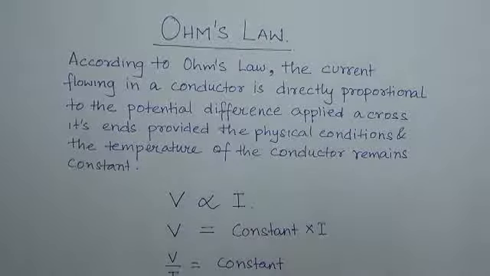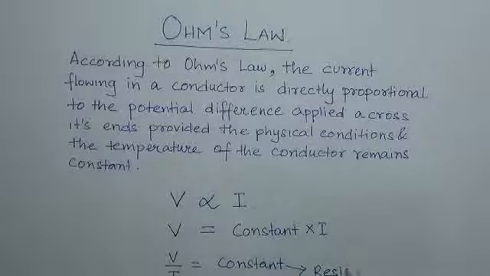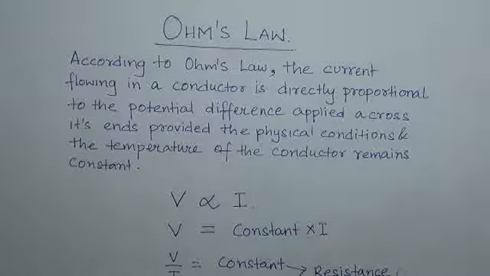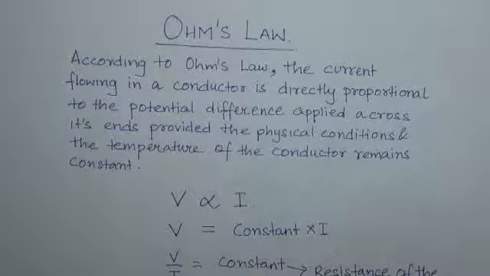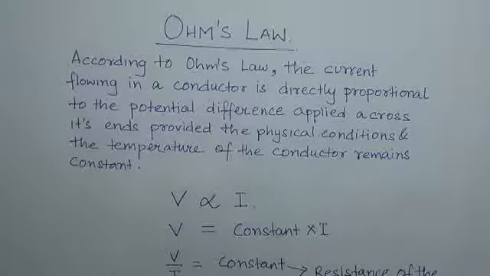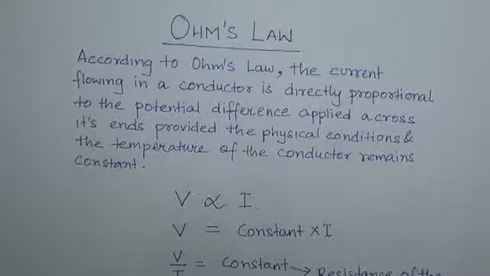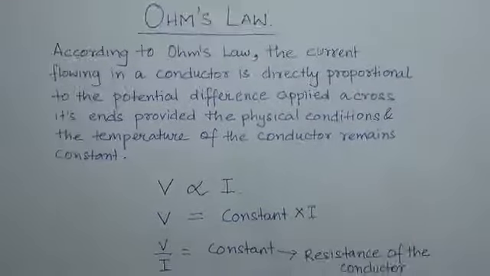And this constant is equal to the resistance of the conductor. It was found experimentally that it is equal to the resistance of the conductor. So what we can write? V by I is equal to R. So this is a formula for Ohm's law.